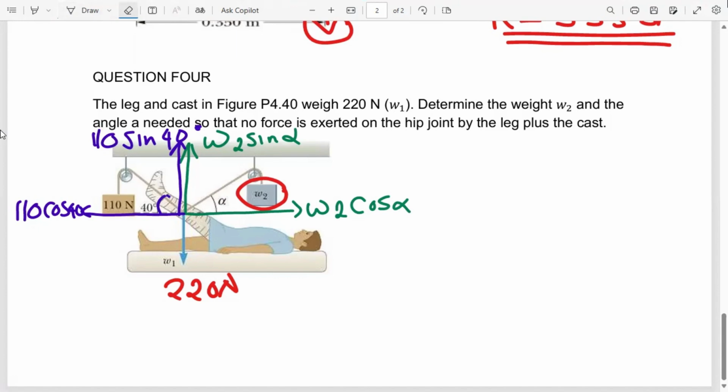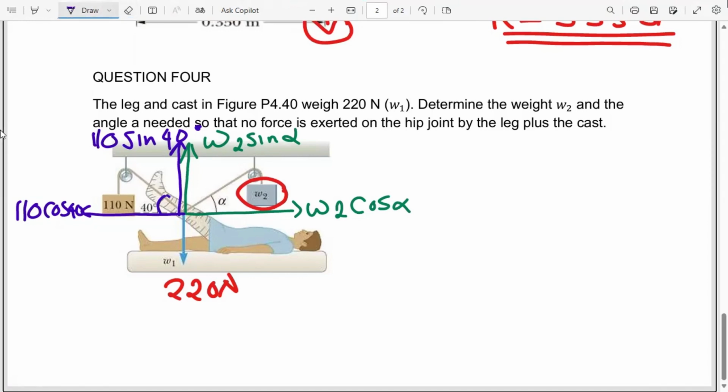So since these forces are at equilibrium, what are we going to do? We are going to express the equilibrium forces in both the horizontal axis and the vertical axis. In the horizontal axis, if the summation of forces is equal to 0, that means this is equal to that. This is pointing in the negative direction, so I'll consider it negative.